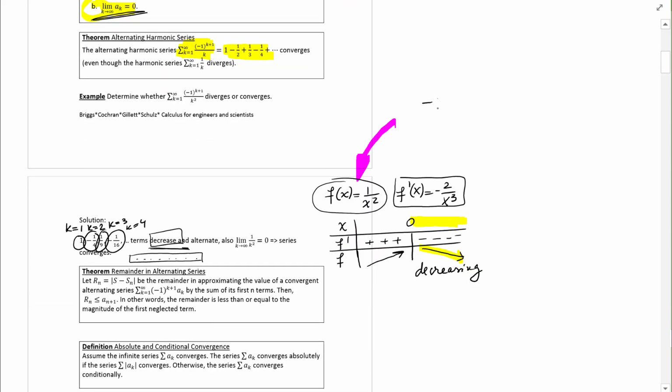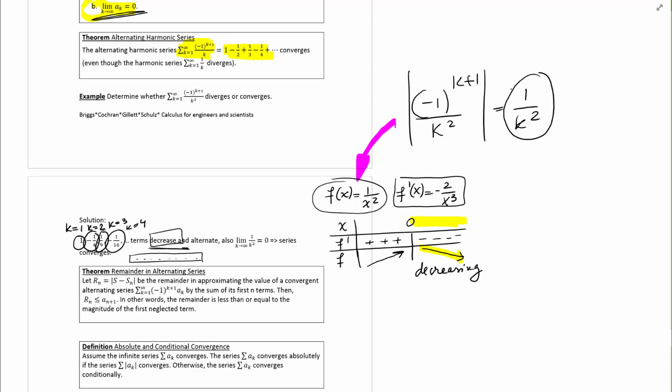So basically negative 1 to k plus 1 over k, or in our case k squared, in magnitude is actually 1 over k squared. So we are interested only in what happens to the positive values, if they are decreasing. And that happens, and we actually proved it using the first derivative.